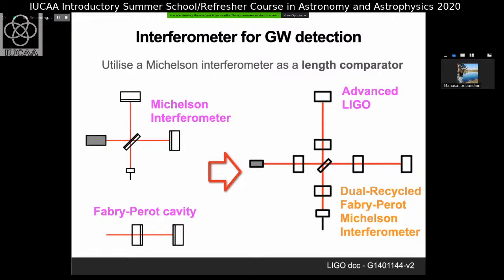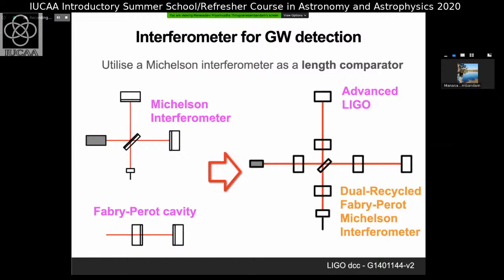But when you look at the actual interferometer that is being used for gravitational waves, apart from the Michelson arms, you do see a couple of other mirrors in here. These two mirrors that you see at the input and the output are what we call the recycling mirrors.